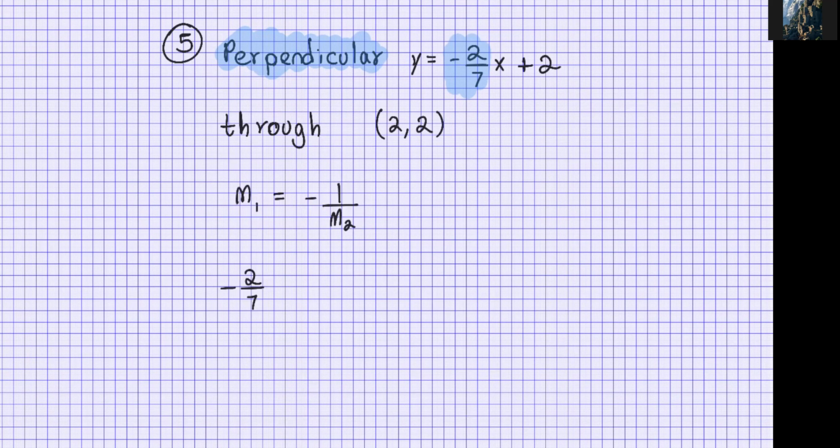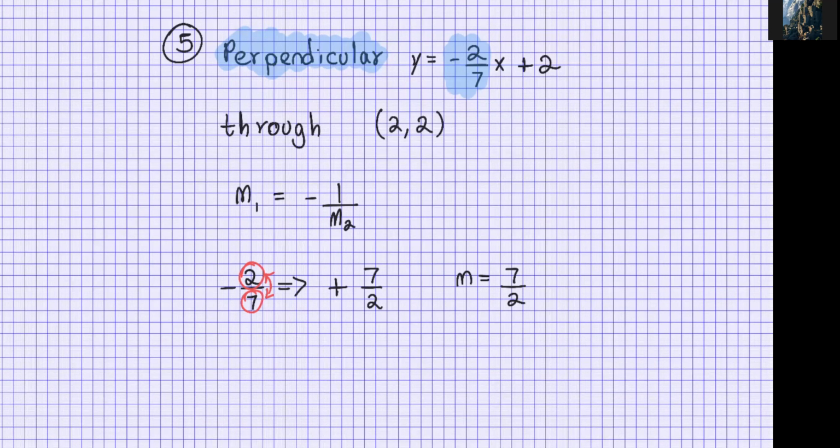First of all, the opposite will be positive. If this is negative, obviously the new one will be positive. And now we just switch the numbers to find the reciprocal. We'll have 7/2. Now we have the slope. The slope of our line will be positive 7/2.